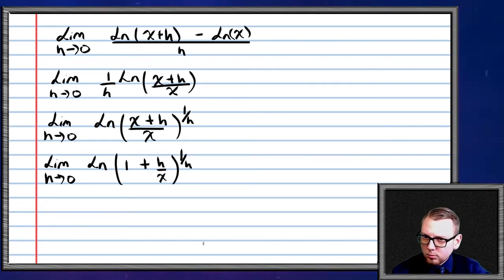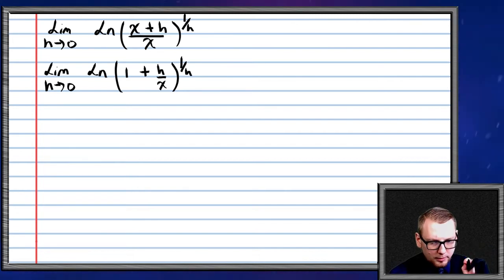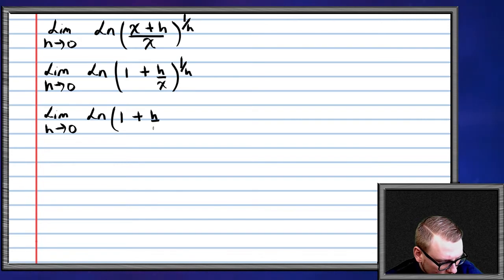Well, this looks really close to the definition of e. We're missing something. So, what we're going to do is change the exponent a little bit. We're going to have the limit as h approaches 0 of the natural log of (1 plus h over x) to the power of 1 over h times x over x.